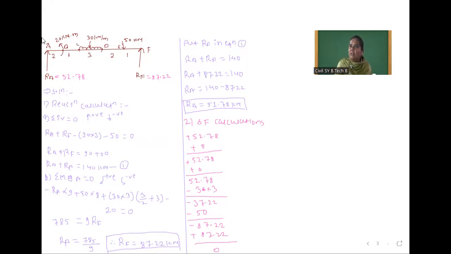You have to check here: at the end point, the shear force value is 0. If you get 1, 2, 3, 4 or something in a simply supported beam, then your answer is wrong. For a simply supported beam, we started the calculation from A side, and at F the value of shear force is always 0.